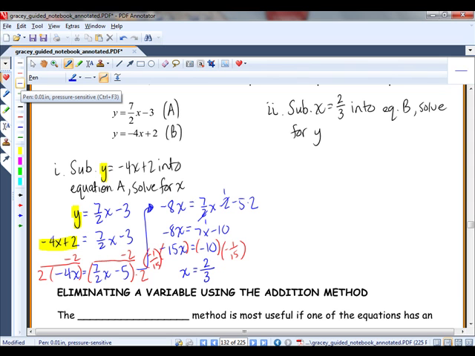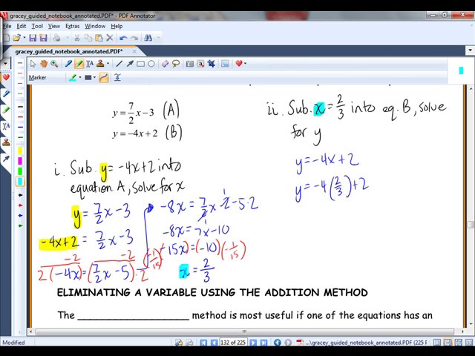So here we go. y equals negative 4x plus 2, that was our equation B, and we'll get y equals negative 4 times 2/3 plus 2. So what we did was using this x value, we plug that in. So we'll get y equals -8/3 plus 2, and I'm going to get a common denominator of 3.